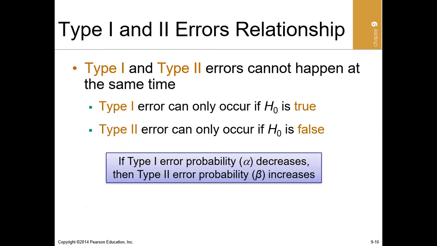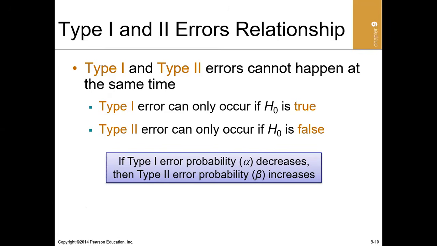Now, based on the explanations we've made, you realize that type 1 and type 2 error cannot happen at the same time. There is a chance that type 1 error can occur if we have stated a true null hypothesis, because type 1 error occurs when we reject a true null hypothesis.